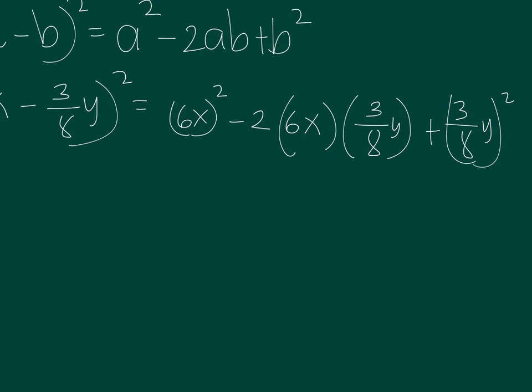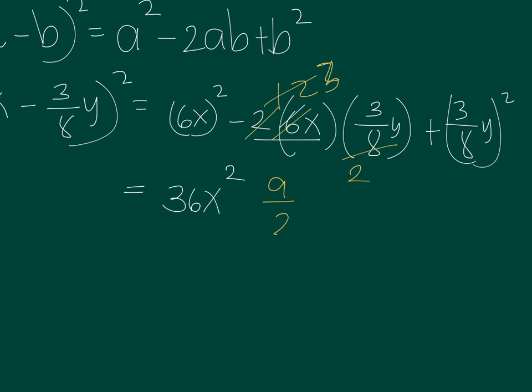And finally, just simplify. 6x squared is 36x squared. 2 times 6 is 12, and then 12 and 8 will become 4. 3 and 2, so this will be 3 times 3 over 2, 9 over 2. So that's minus 9 over 2, and then xy.